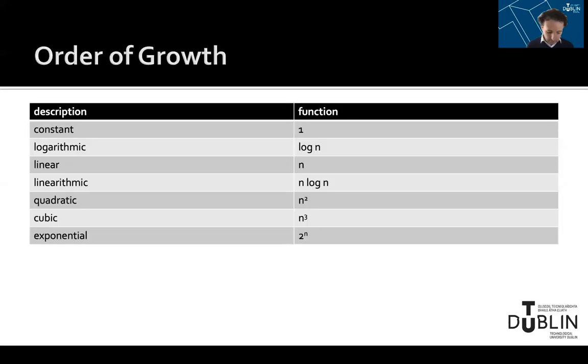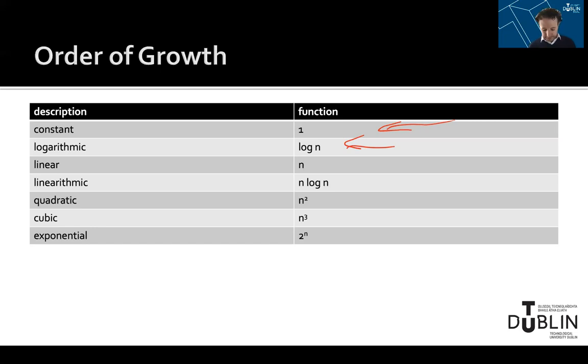So now we have the general order of growth. The fastest algorithm you can have is called a constant of order 1. That just means you'll always do the same amount every time. Doesn't matter how big n is, it'll always do the same number of operations. Log n, we'll see in a second, but that's quite fast.